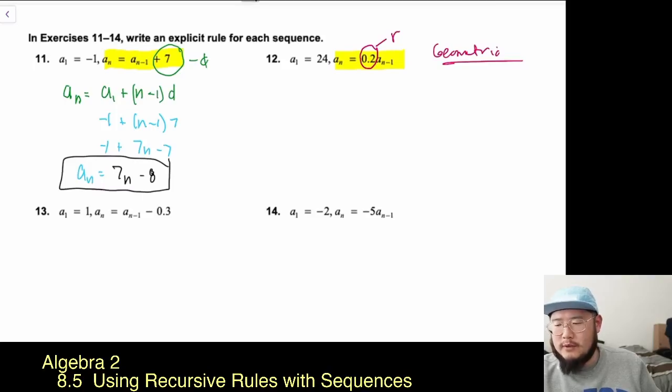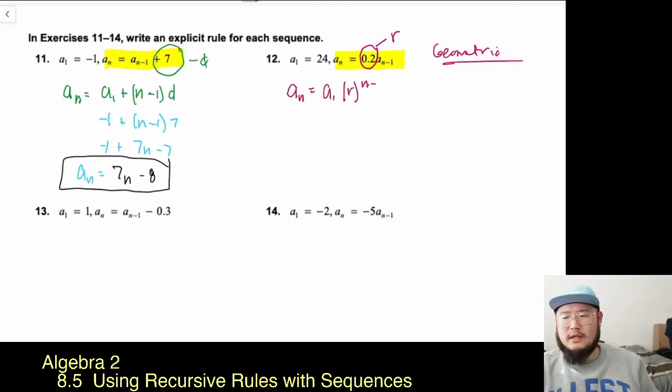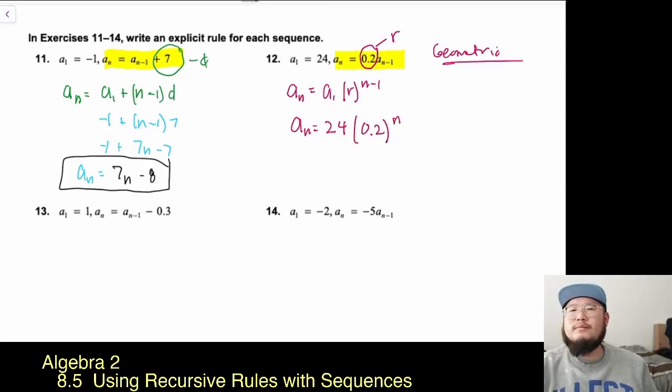We have a sub 1, and let's remember our equation. It goes a sub n is equal to a1 times r raised to the n minus 1 power. That is the explicit rule. So a sub n is equal to 24 times 0.02 raised to the n minus 1 power. And just like that, we've got our explicit rule.